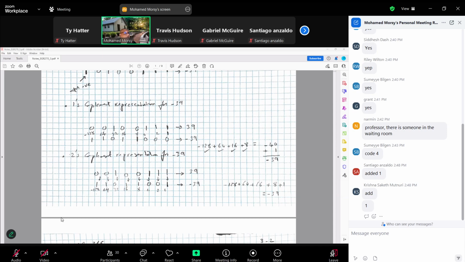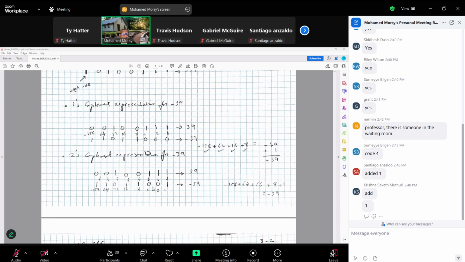We didn't add 32 because, look here, under 32 is bit 0. So actually what we do is 1 times minus 128 plus 1 times 64 plus 0 times 32, which is 0.